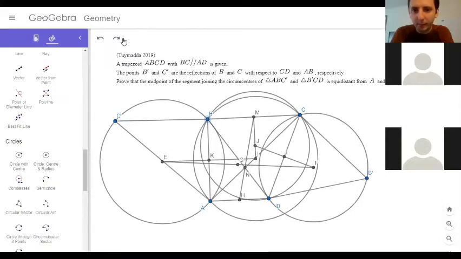JDFC and EBIA are parallelograms. That sounds like it might be helpful. Actually, they're more than that. They're kites. So we have two kites. Is F the reflection of J?